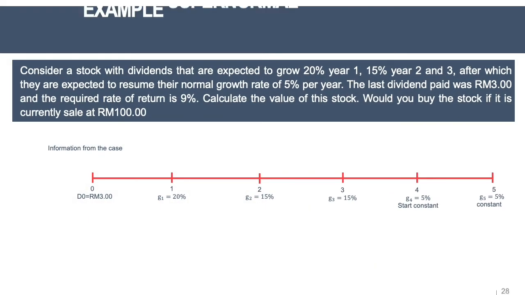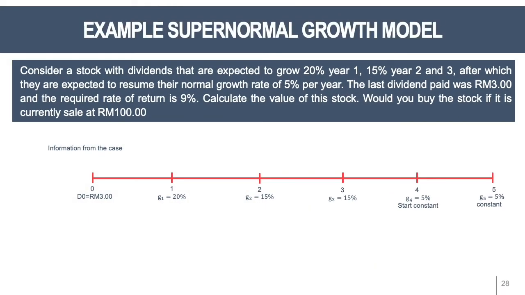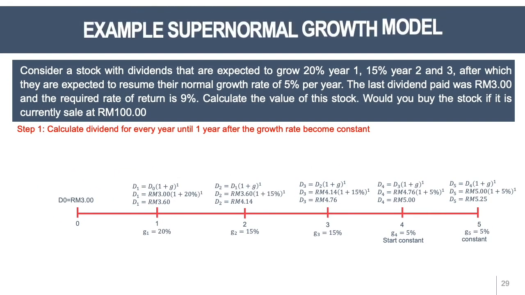If the growth rate becomes constant in year 2, we need to calculate dividend until year 3. So in this case, growth rate becomes constant in year 4, so we calculate the dividend payment until year 5.